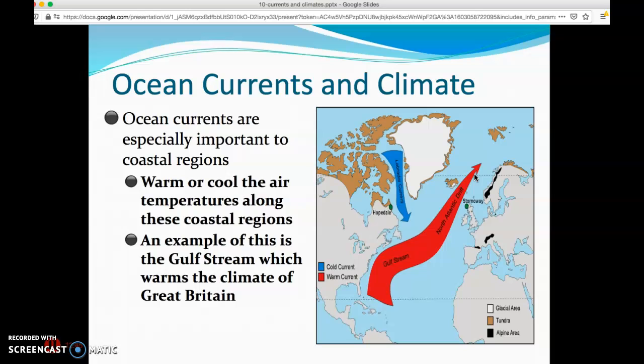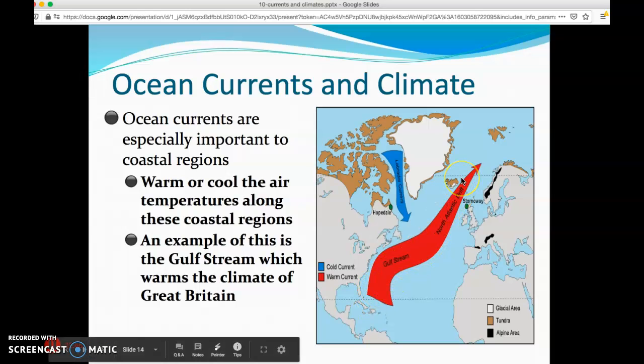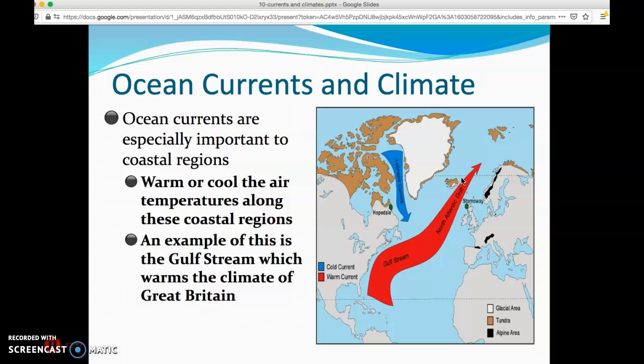But because of the Gulf Stream, and because it's an island country, it benefits from the warm water warming up the air and the climate. The same can happen with this cold current right here. As it comes down, it's going to make these regions much colder than they should be based on their latitude.